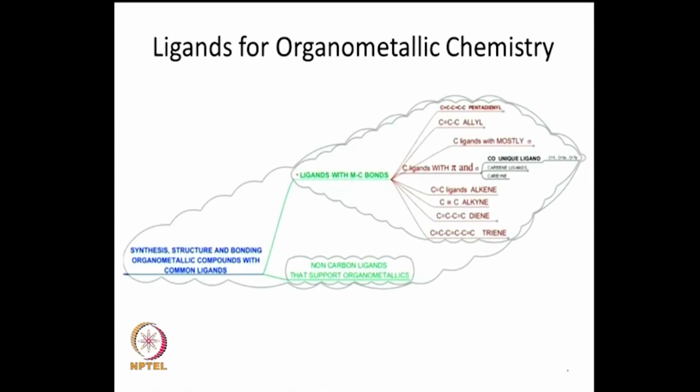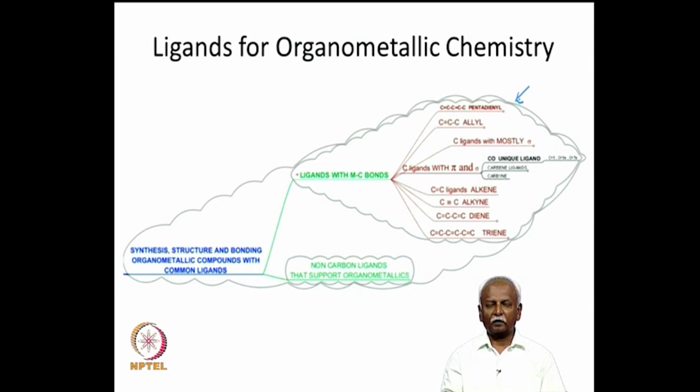If you look at the ligand space that is available for organometallic chemistry, you will notice that they can be roughly divided into two halves, especially the ones which are having a metal carbon bond. These are the ligands which are available when you have a metal carbon bond, and this is indicated by this large cloud.